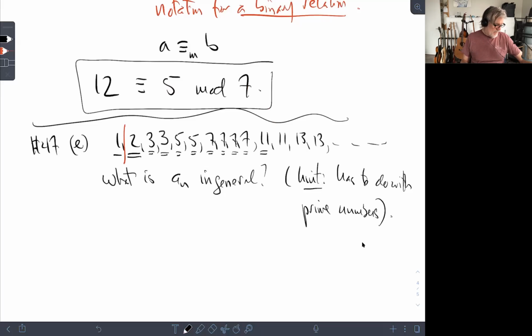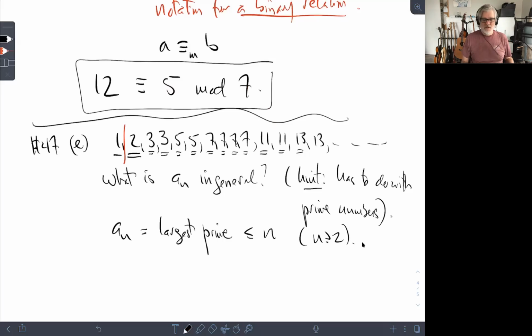So you see the pattern now is that you start writing that prime once you reach it. In other words, a_n is the largest prime less than or equal to n. If I start at 2, that's why the first one is annoying. But a_n is the largest prime up to that point.